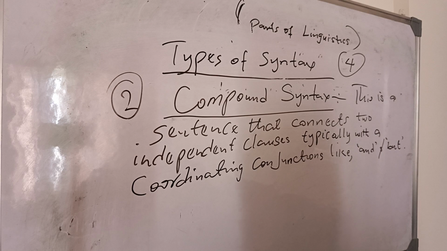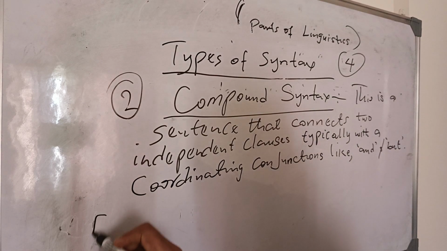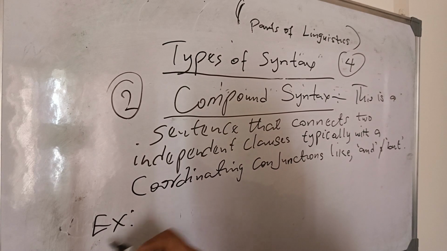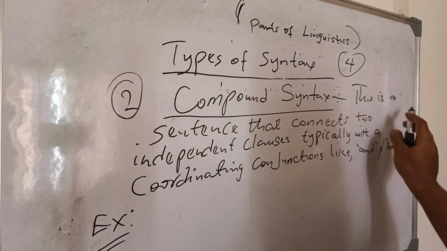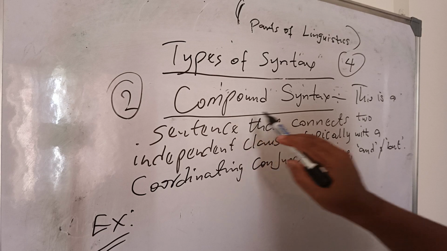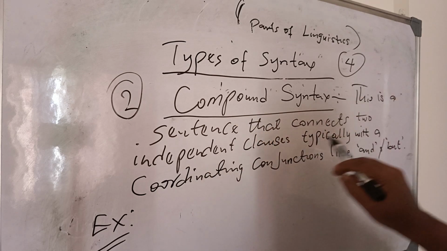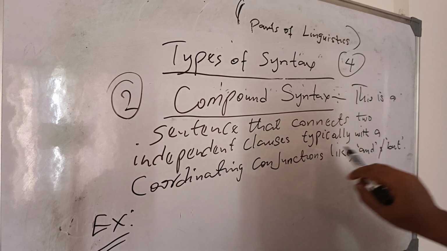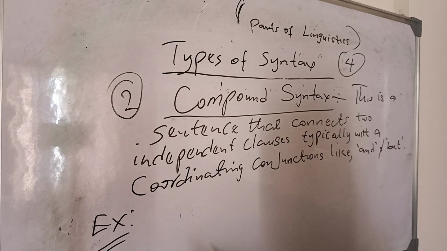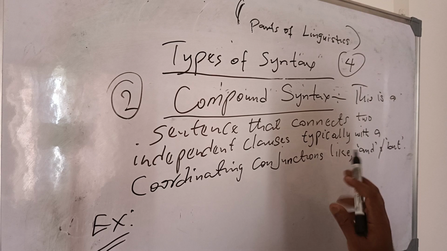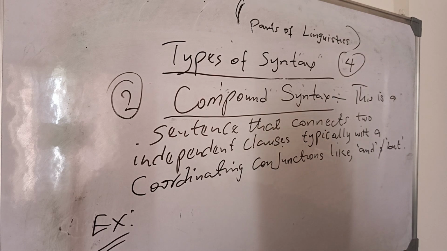So let's take a look at an example. So as the word says, a compound syntax is a sentence that connects two independent clauses, typically with a coordinating conjunction, like and, but. Okay, and but.